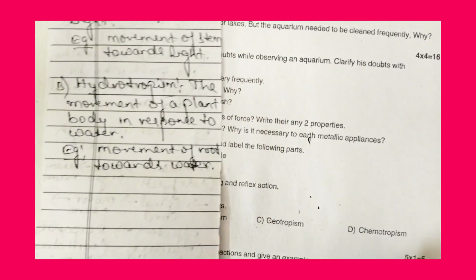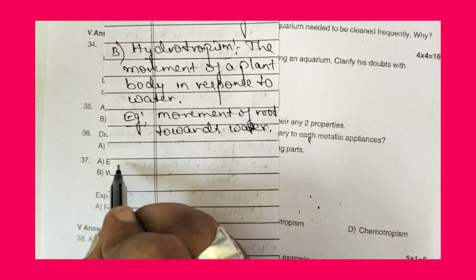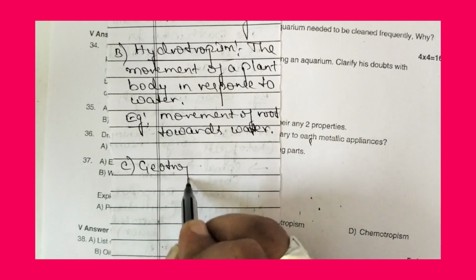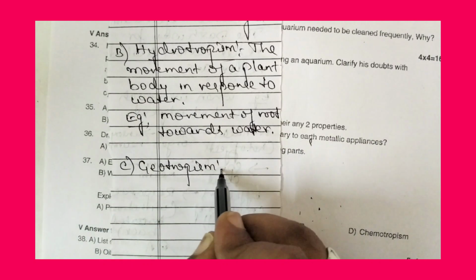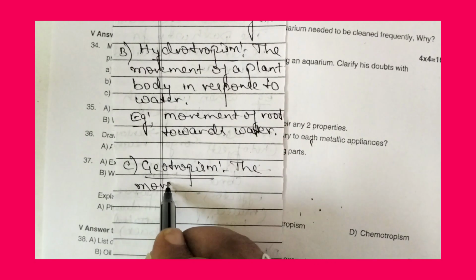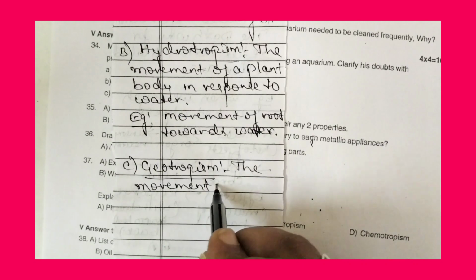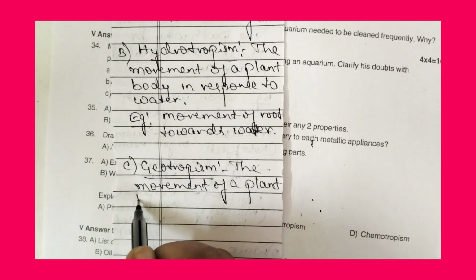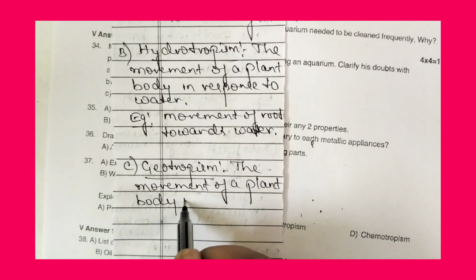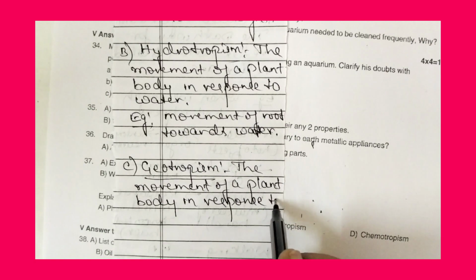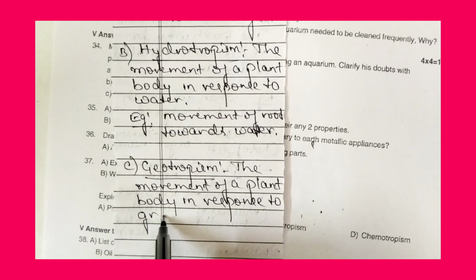Next type of tropism is geotropism. The movement of a plant body in response to gravity of the earth.